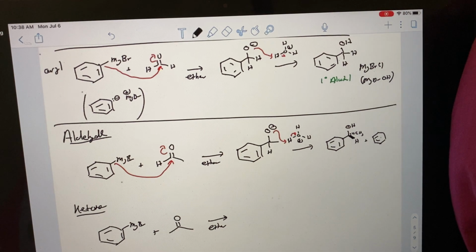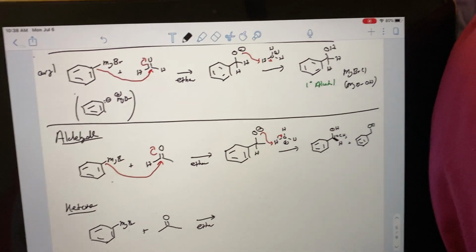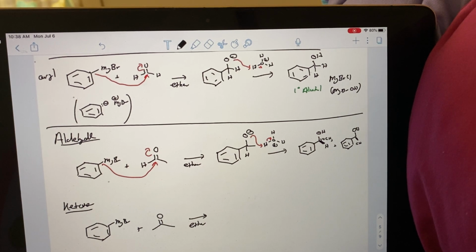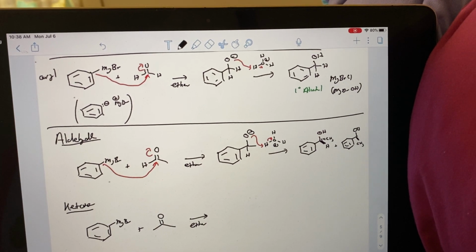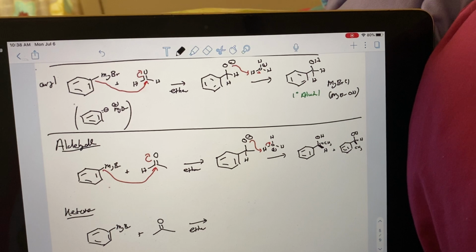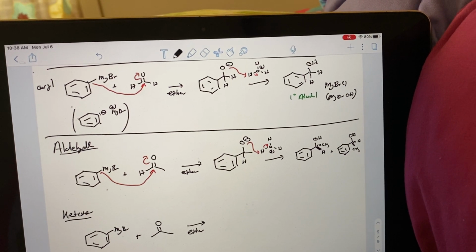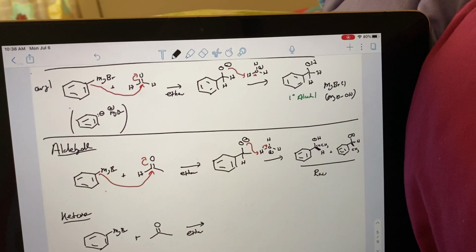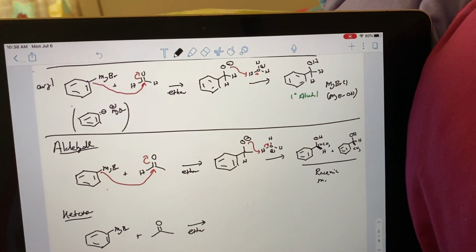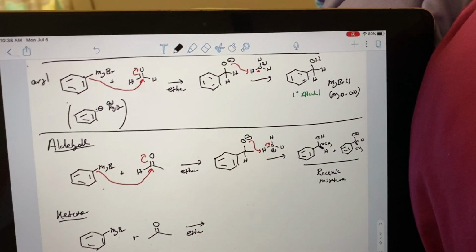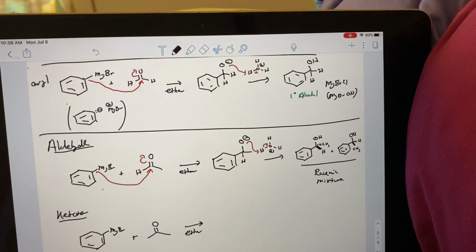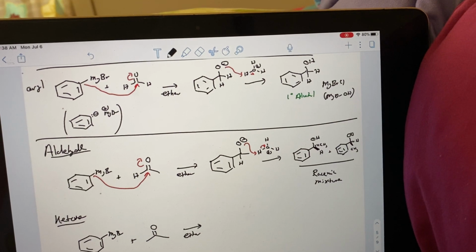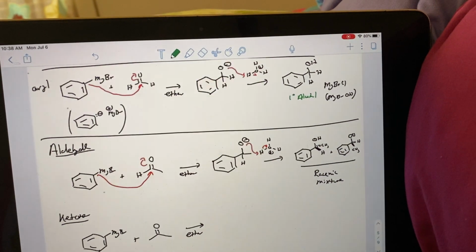See if we can squeeze it in. It's close. Hopefully it fits. And the hydrogen there. So we'll have our racemic mixture. All right, so notice now that is a secondary alcohol.